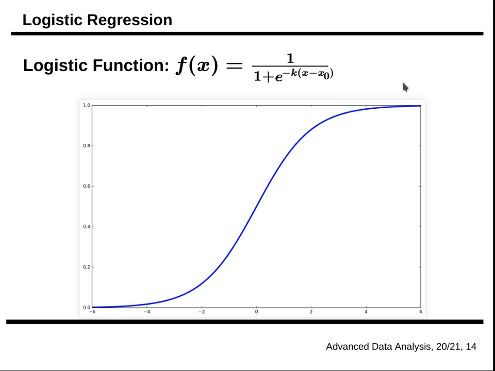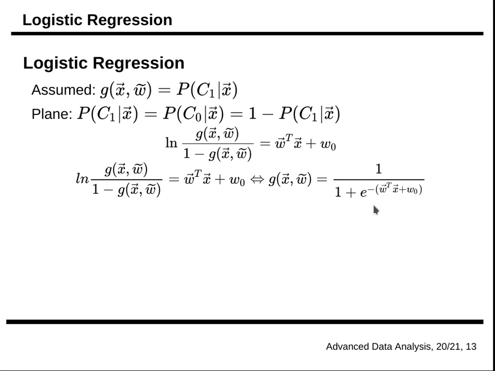This is the function that we are using to predict the probability of a point belonging to class 1. It's a nice function because it goes from 0 to 1, exactly as we want with the probability. The term that we have inside the exponent will be the expression for the linear discriminant.